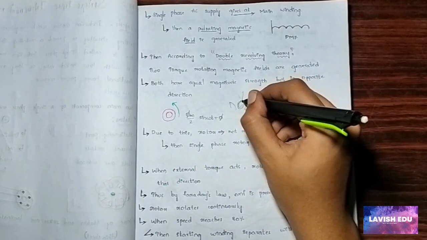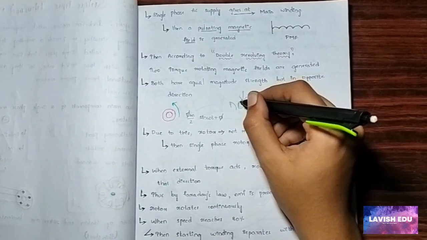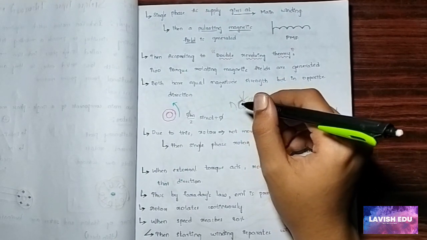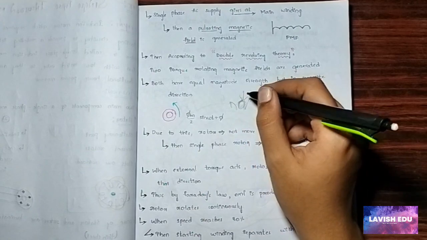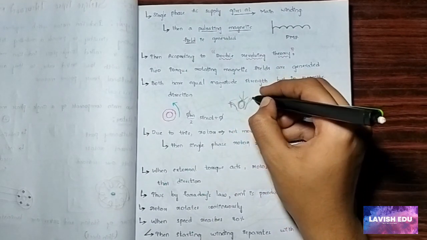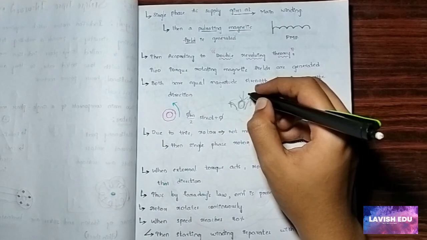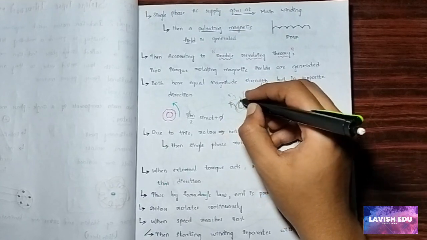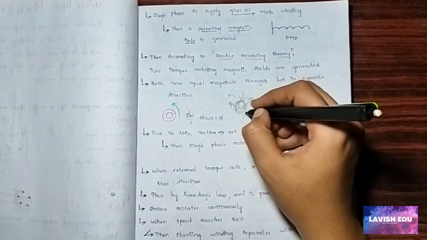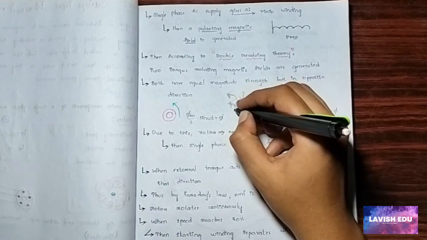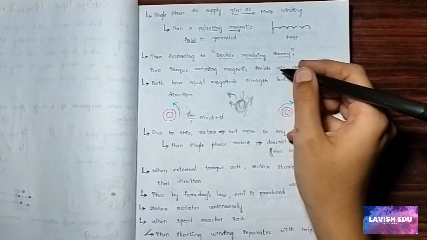If we give any torque to this rotating part, it will start to move in only one direction, because the two fields are of the same magnitude in both directions. If we give the torque in this direction, it will move in this direction only, as the power in that direction gets increased.